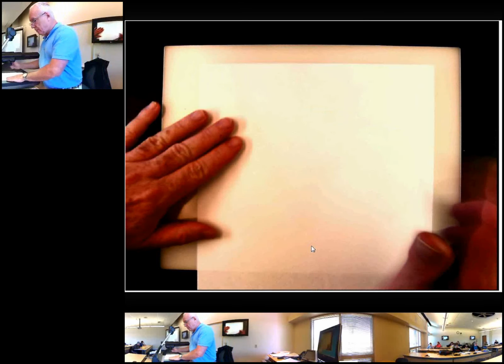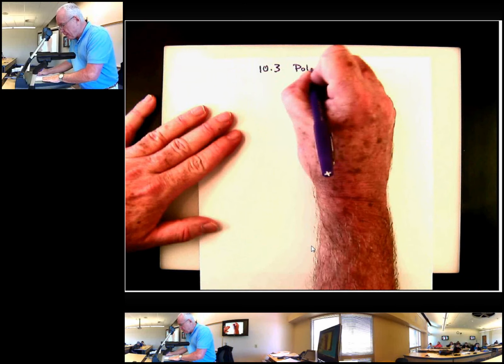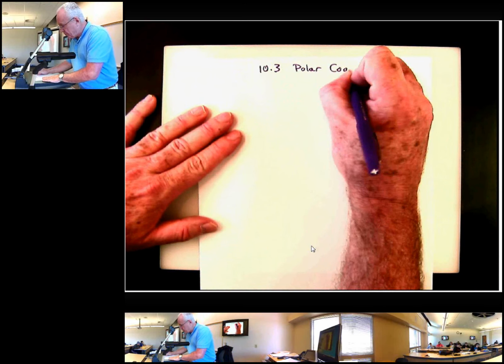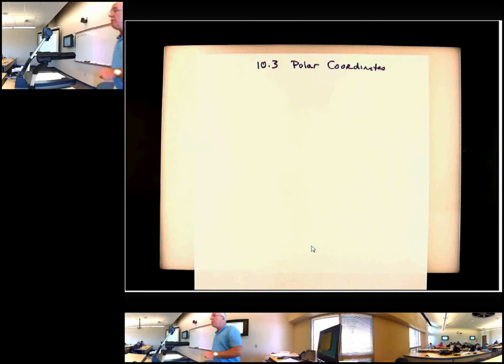Now we're on to the next section, and this is another way to represent curves, and it's called polar coordinates, right? Which is something you should have been introduced to in trigonometry. But I'm going to do a 5-minute trig course. Okay, trigonometry in 5 minutes.